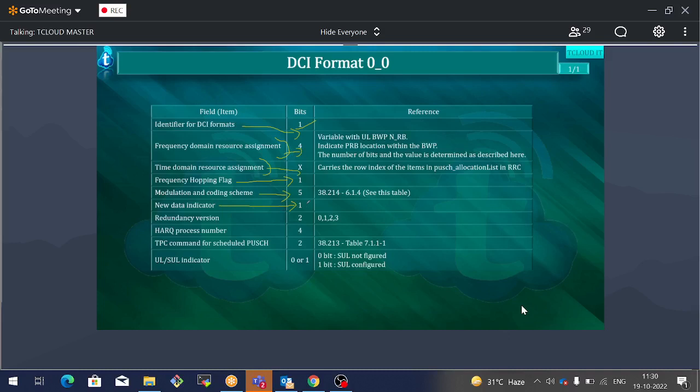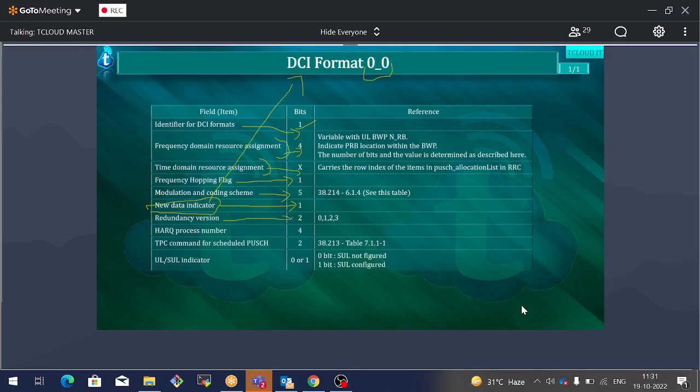For downlink traffic, you have to send ACK or NACK in uplink on the channel called PUCCH. But for uplink traffic, once you send the uplink traffic on PUSCH, when the next PUSCH resources are scheduled on DCI format 0_0, it will be conveyed to you whether you are going to transmit the same transport block that you transmitted earlier or a new one. Based on it, you will decide the next step. So this information is coming in the downlink control channel in the DCI format along with your data scheduling.